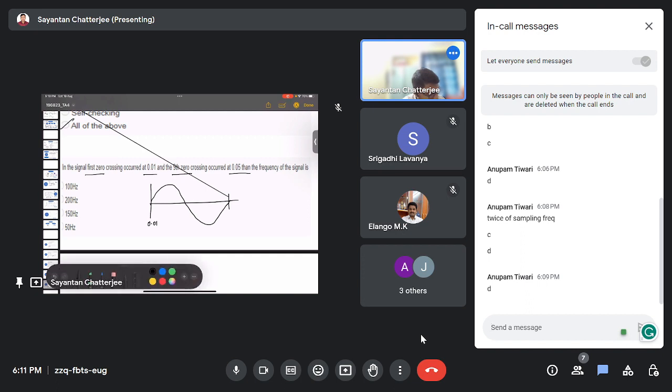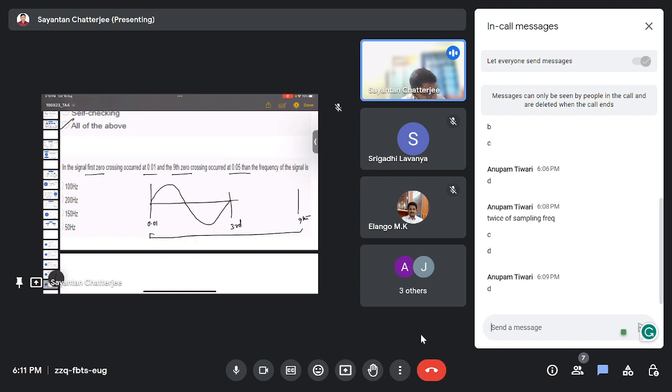If we consider the third zero crossing, the entire span for the first to ninth is 0.04.